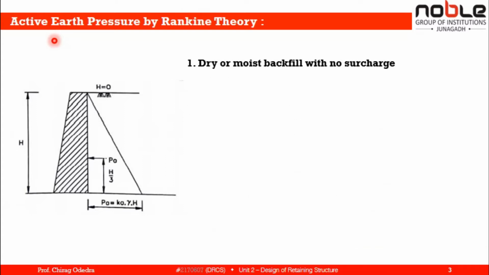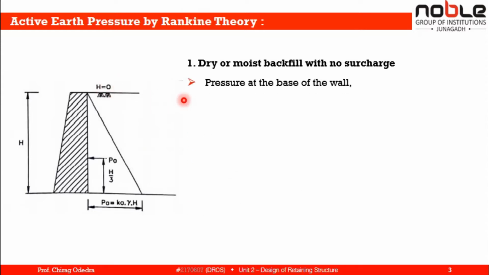The first case is dry or moist backfill with no surcharge. Here the retained earth will be dry or moist, that means with some moisture content, and there will be no surcharge.